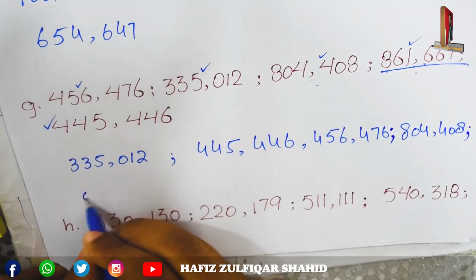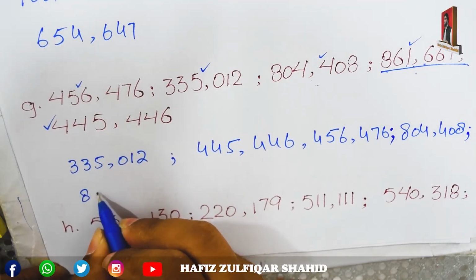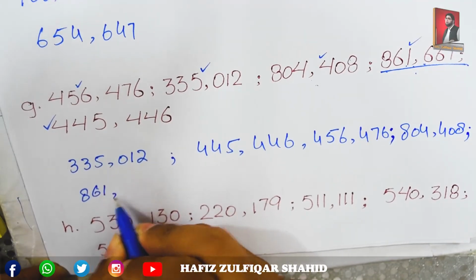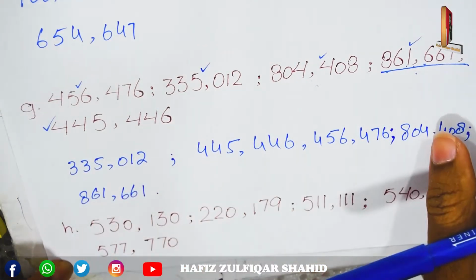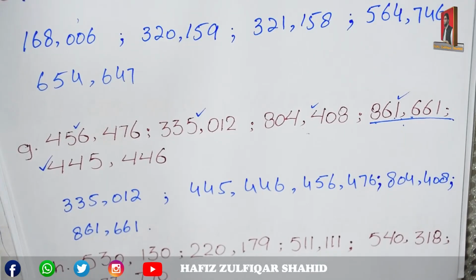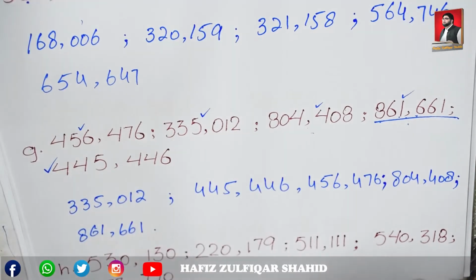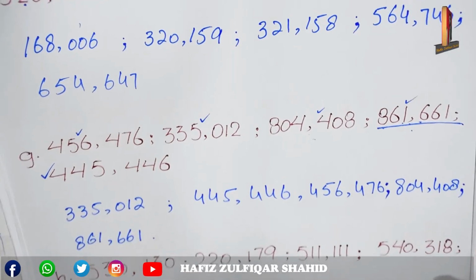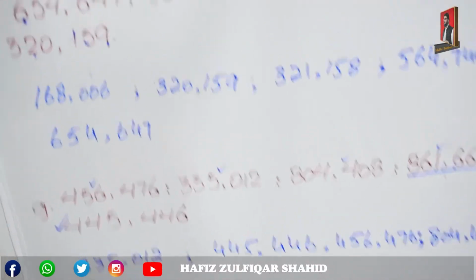Write it in the last. With the same process, we can arrange any number or any bunch of numbers, arranging them from smallest to greatest.